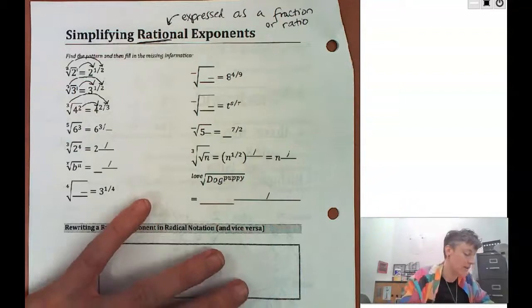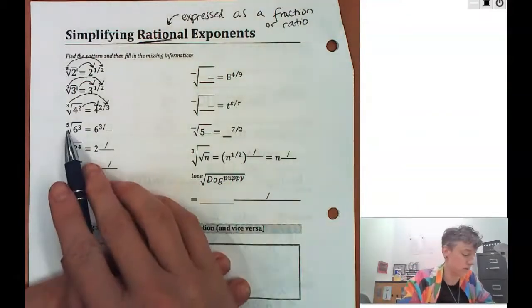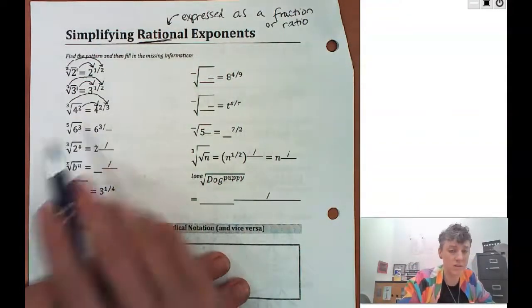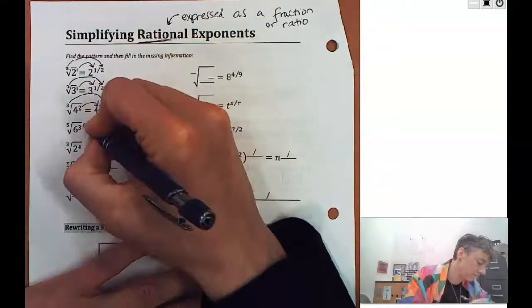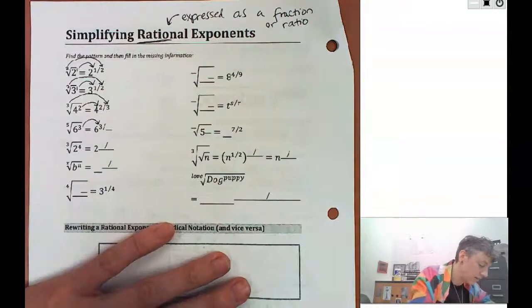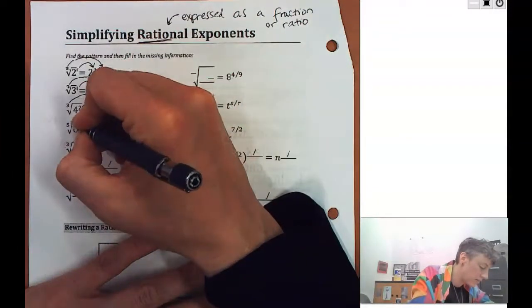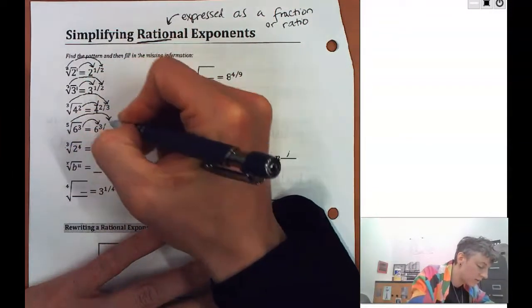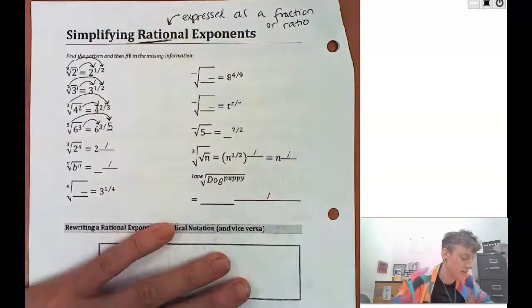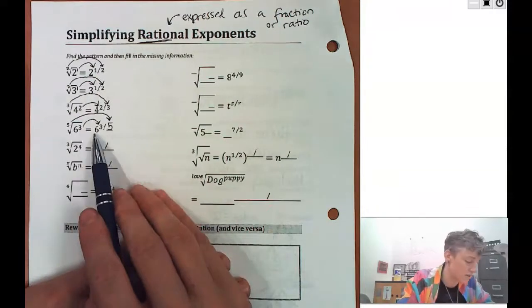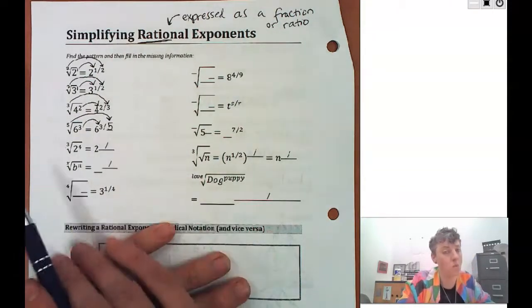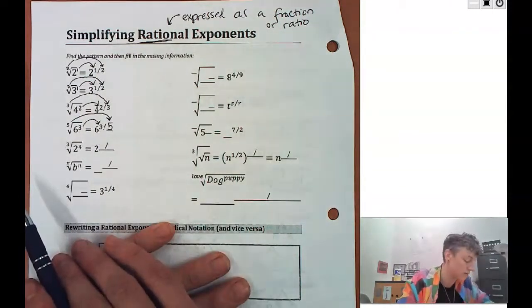Cool. So this 5th root of 6 cubed is equal to, right, that 3 went here, and our index is going to become the denominator of this fractional exponent. The 5th root of 6 cubed is 6 to the 3/5. Wild. So wild.